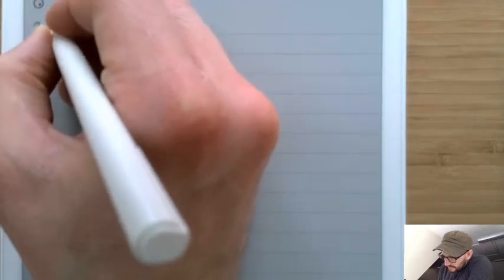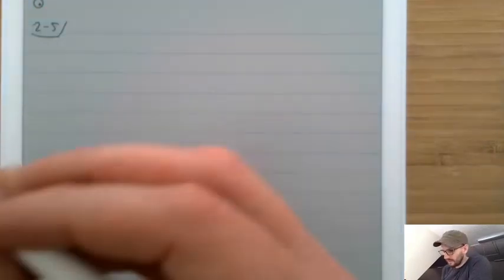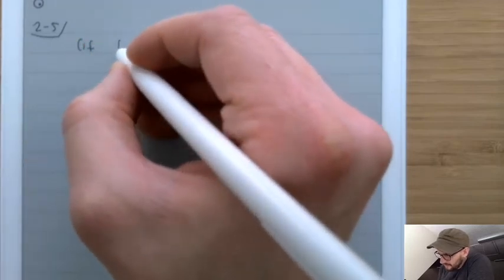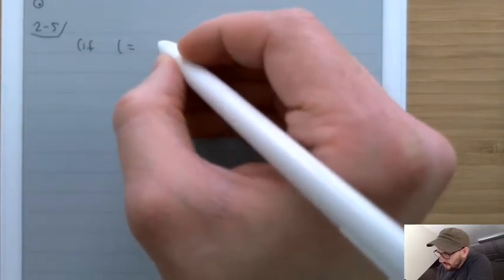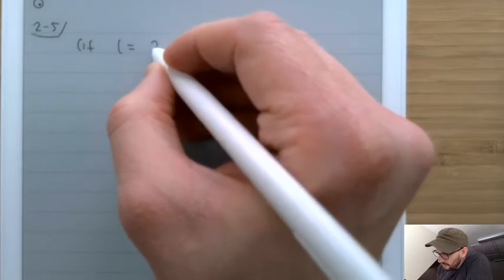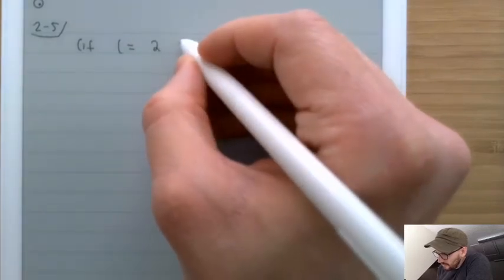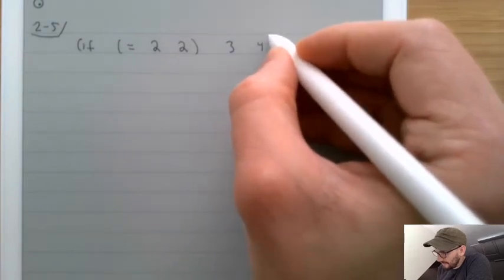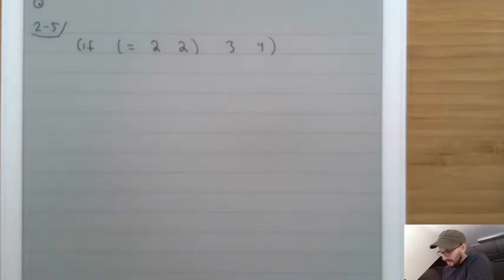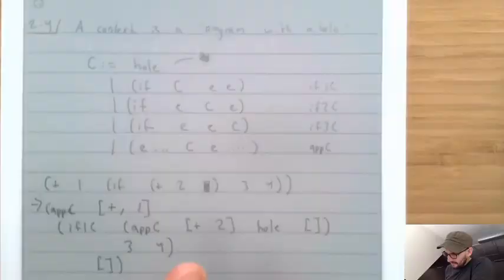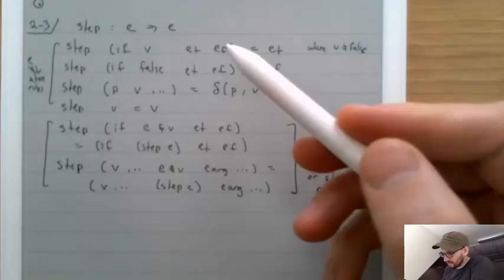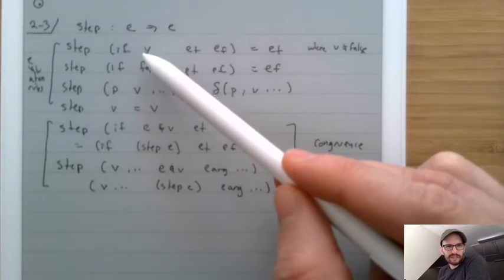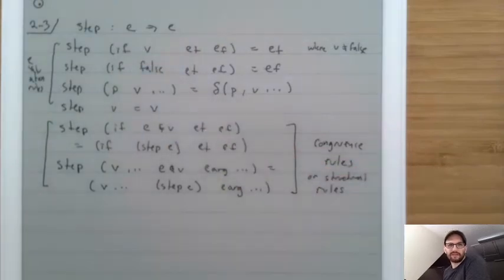So let's look at a simpler example. Suppose I have the program if equal 2 2, 3, 4. Okay. This program right here, we can't run this first rule because the if does not have a value and it doesn't have false.